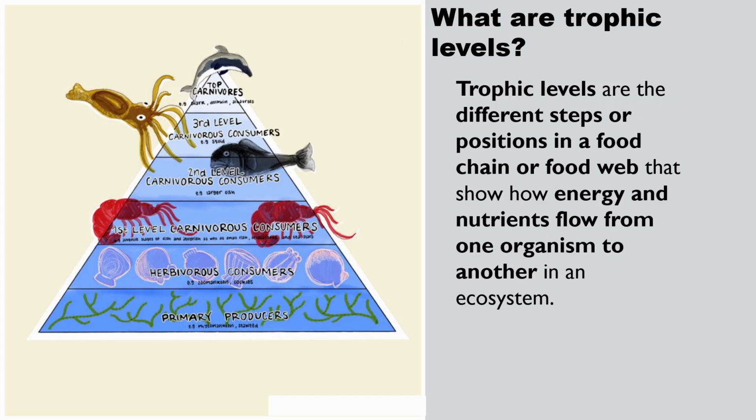Basically, all organisms in a food chain belong to specific trophic levels, which represent their position in the transfer of energy. Producers are at the first level, which make their own food, and every level above it gets energy by eating organisms present below it. This will be clear in a moment.